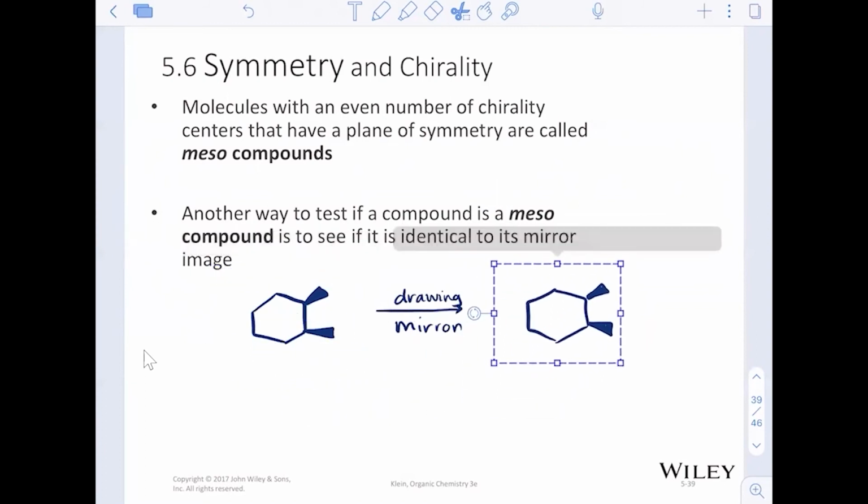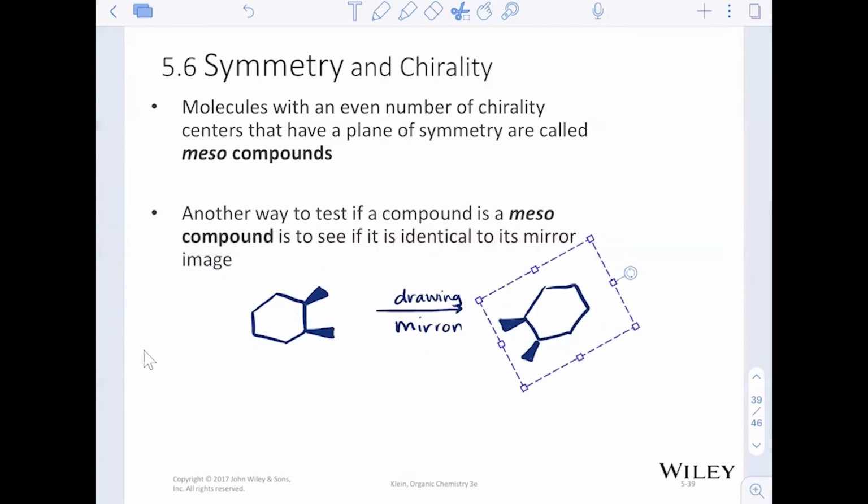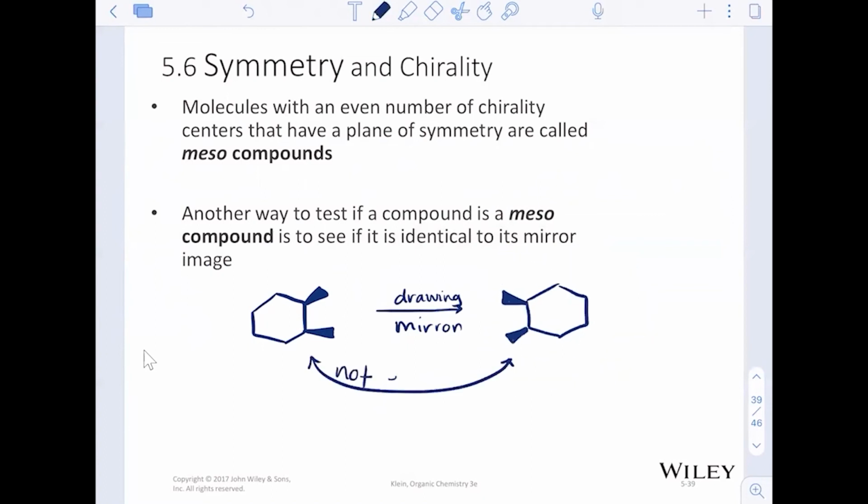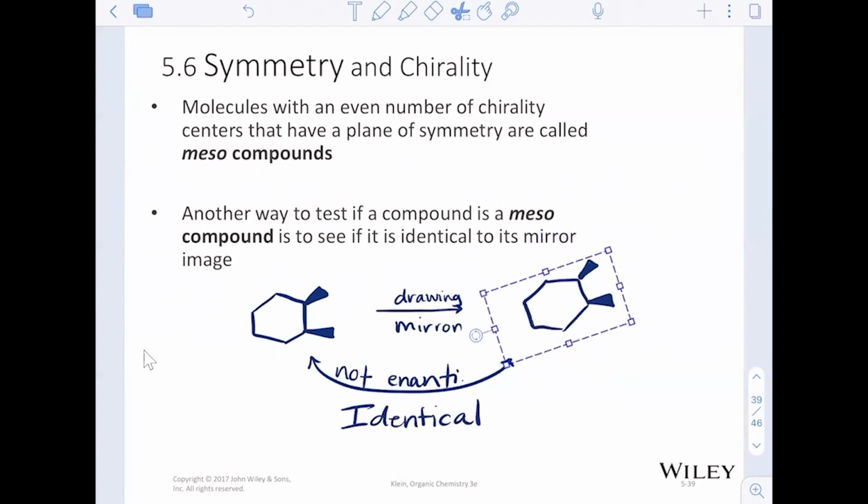The mirror image should be the enantiomer, but these are not enantiomers. They are identical. That is truly what a meso compound means. Be very careful with these. We're going to practice with all the planes of symmetry and being able to do that. But if you have an iPad or if you're just writing this on a piece of paper, cut this out.